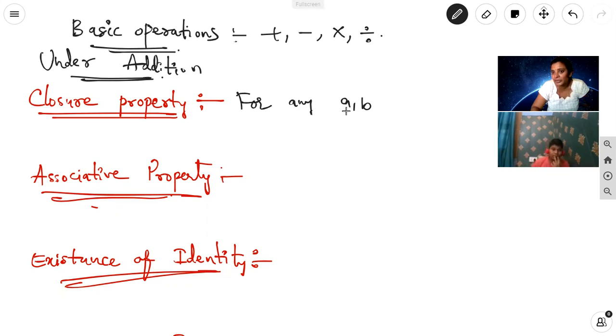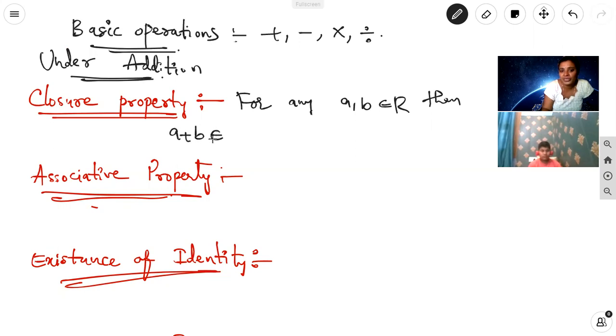Those are denoted by small a and small b belonging to any set, either the natural number set, integer set, or another set. a, b belongs to R. Here R is supposed to be the real number set or rational number set, whatever the set. If a, b belongs to R, then a plus b, the addition of the two numbers, gives one number that should belong to R. Then R satisfies the closure property.